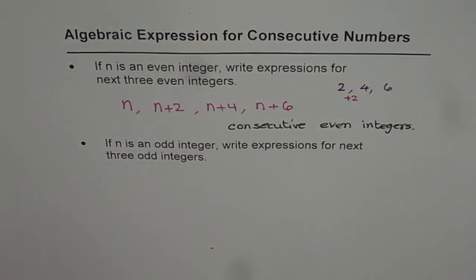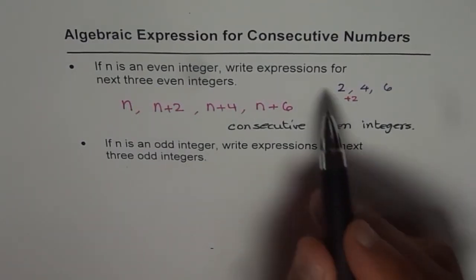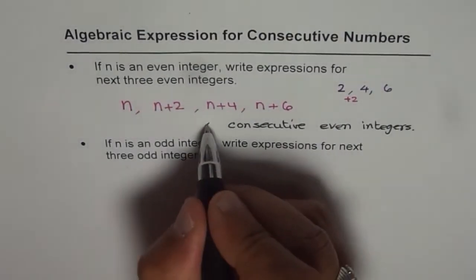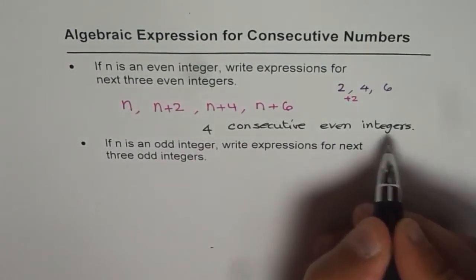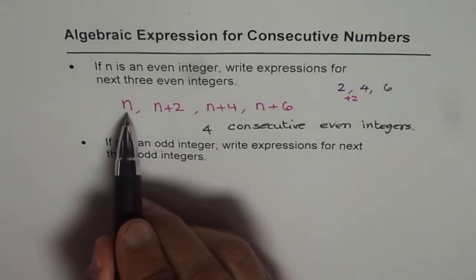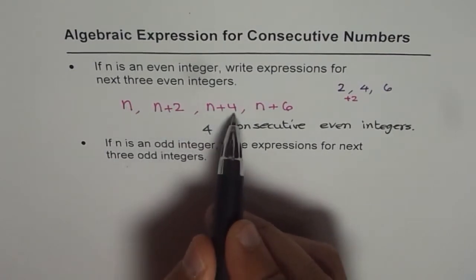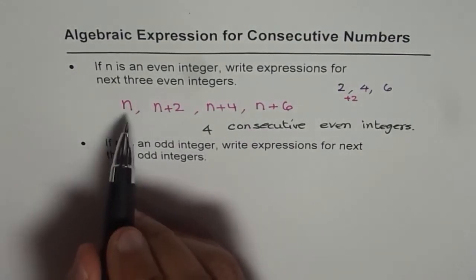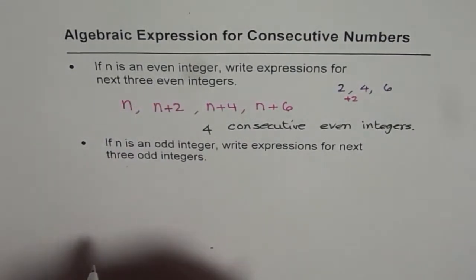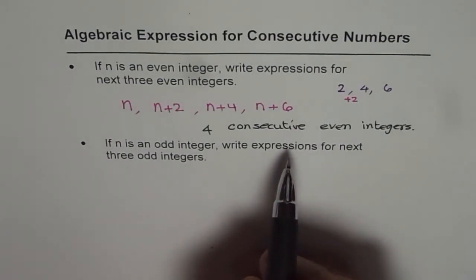So I hope you understand the meaning of consecutive numbers. In this case the numbers are even, so we are saying 4 consecutive even integers are n, n plus 2, n plus 4 and n plus 6, where n is an even integer, right? I hope you understand this part.